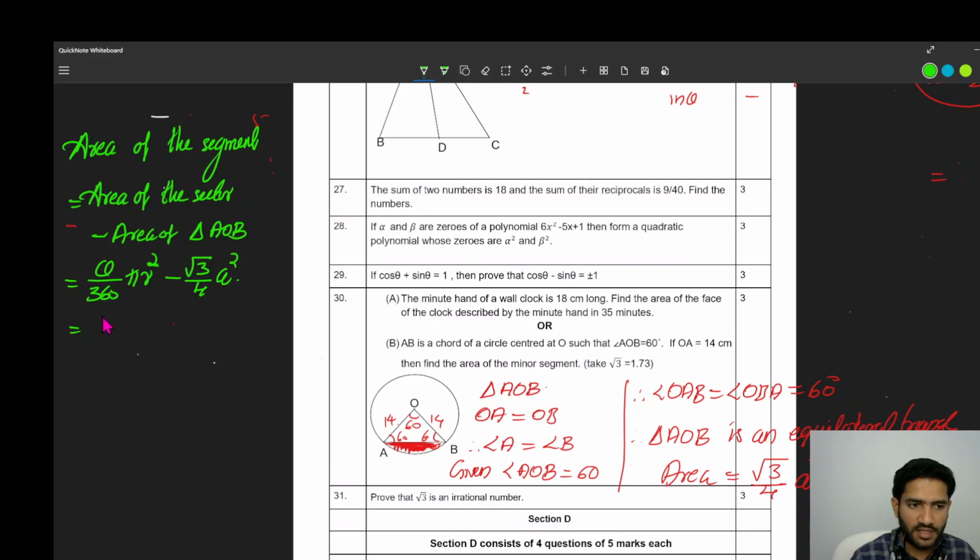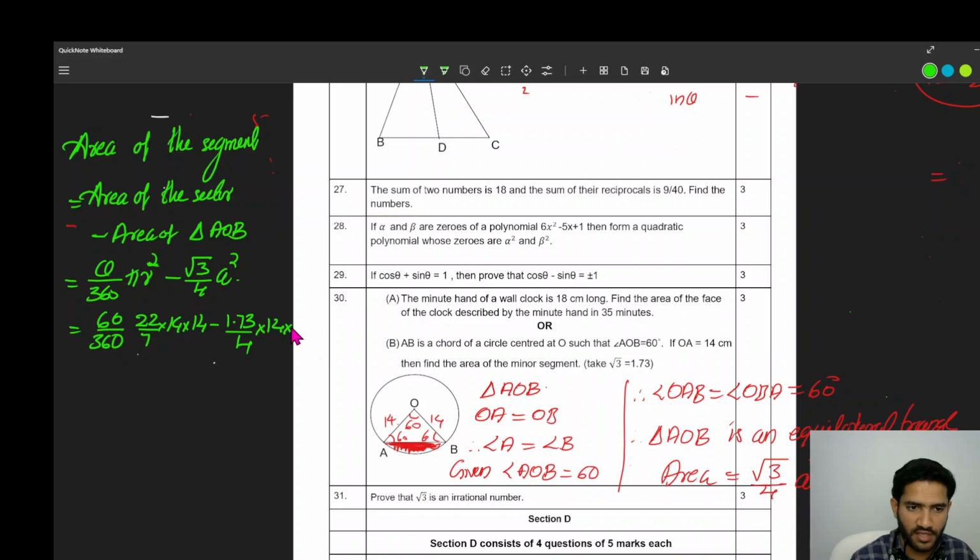So theta is given, 60 by 360, pi means 22 by 7, r means 14 into 14. For root 3, they are saying that we want to use 1.73, by 4, a square, OA is given 14.